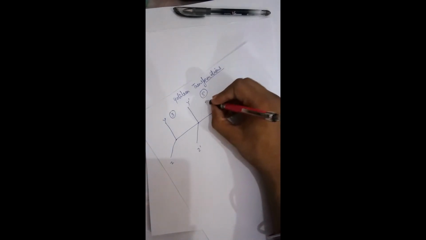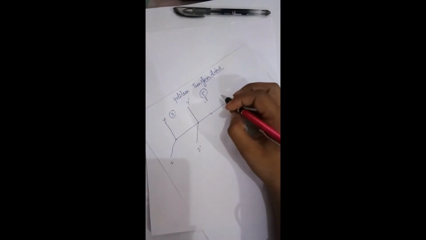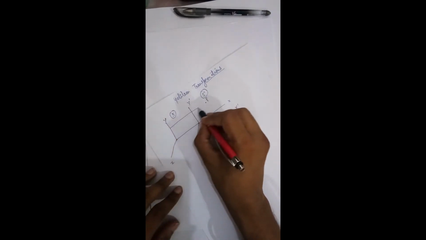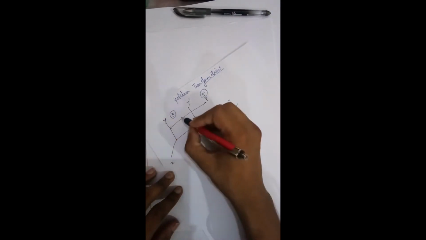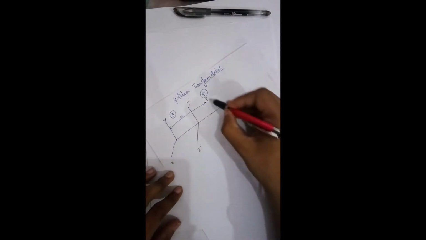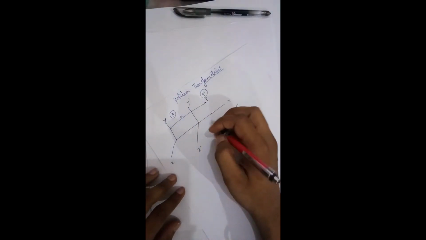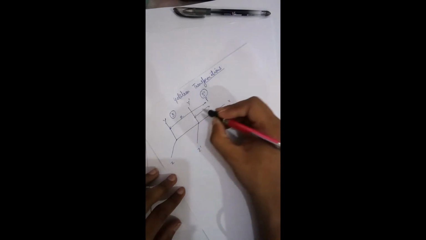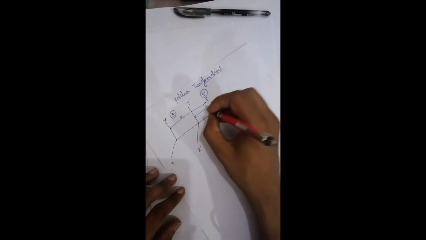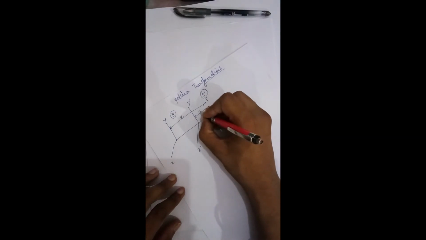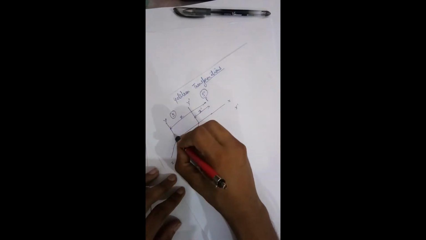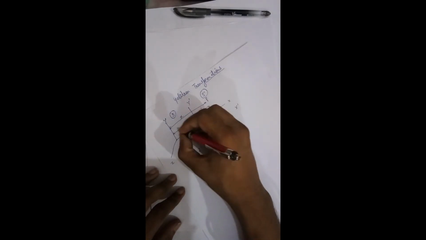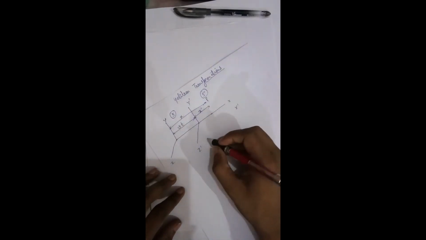This is a point P in the non-stationary frame of reference, and the distance of this point from the y-axis is x because it is in the x coordinate, and the distance of this point from x dash is x dash, and the distance from this point to this is vt because distance is speed into time.